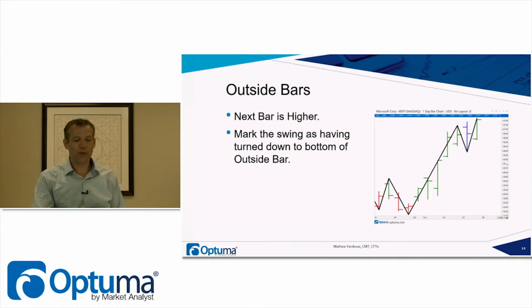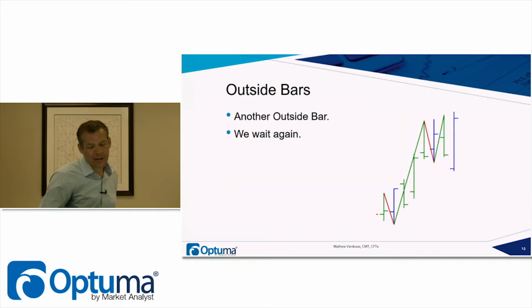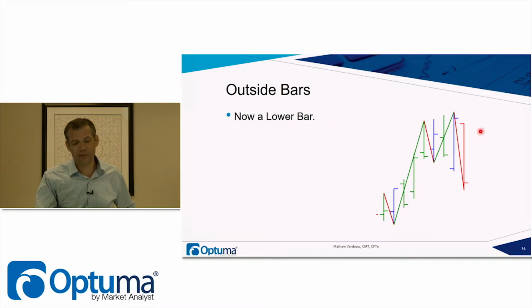So we mark the swing as having turned down first and then going up to the top of our new higher bar. Again, another example: we get another outside bar, and we wait. This time we've got a lower bar, so we say that the top of the swing went over to the top of the outside bar, and then it comes down.